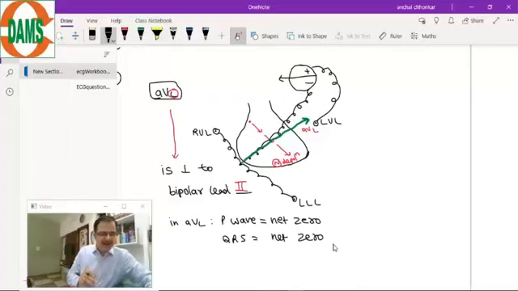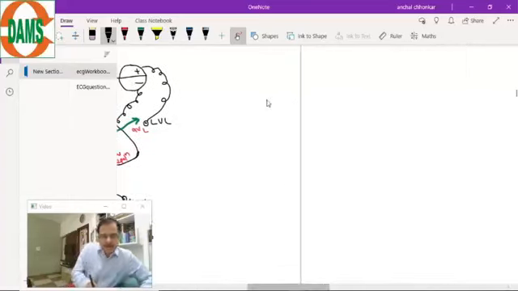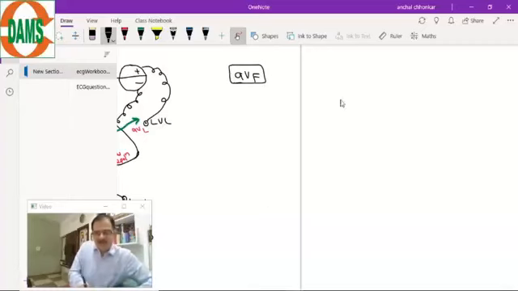Now, finally, the unipolar lead AVF. This is the diagram of AVF.